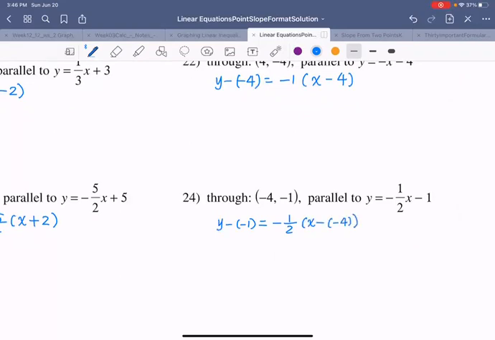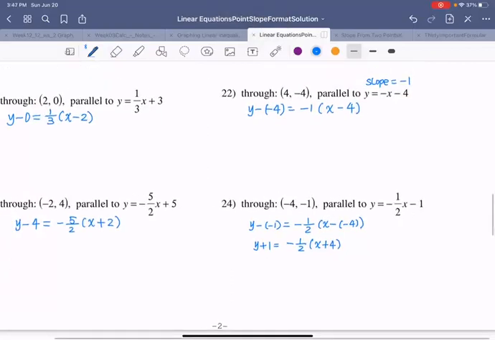Okay, do one more step. Also, y plus 1 equals -1/2 times x plus 4. Okay, that's right. So far, is there any questions? No questions?